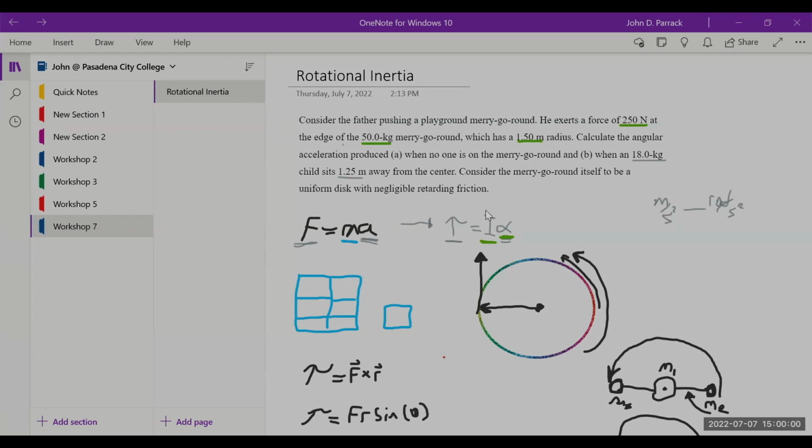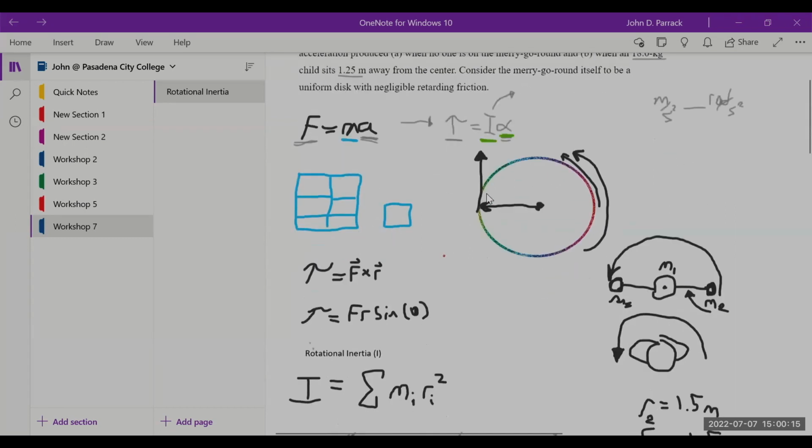Or since the rotational inertia depends on the mass and the distance from the axis, r squared, I could maybe try and find the radius, or I could maybe try to find the mass, depending on what information you give me.